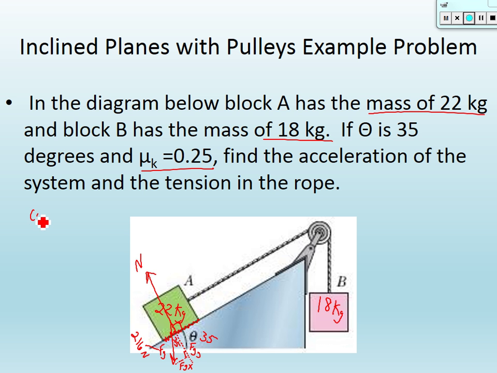So we're going to do cosine of 35 is equal to adjacent, which is force of gravity in the y, divided by the hypotenuse, which we just solved for, which is 216. Okay, so by multiplying both sides by 216, you're going to come up with this equation: 216 times the cosine of 35. Rounded to the nearest whole number is what, guys?